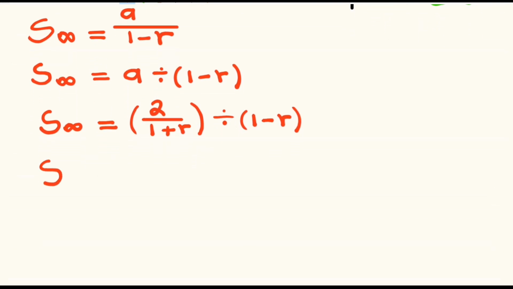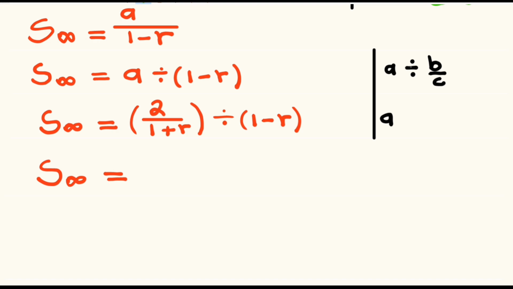Our sum to infinity will be equal to, so suppose that we had a divided by b over c, we can change the division sign.